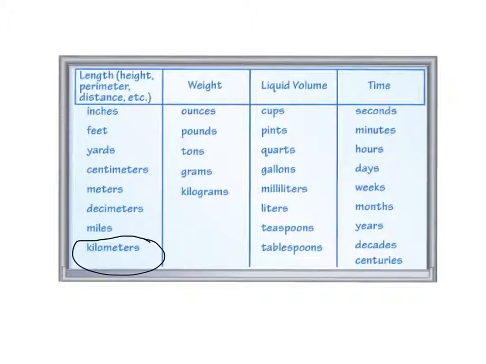Pints is another way. A lot of times, if you do any canning, you'll have pint jars. So when we can our strawberry preserves or our cherry preserves, we put it in pint jars and give it away. Quarts. Whenever I think of quarts, I think of ice cream because when I worked at Silas Maddie's, we used to have quarts of ice cream, which is a little bigger. Gallons. The easiest one to think of is a gallon of milk. But I also put gallons of gas in my car.